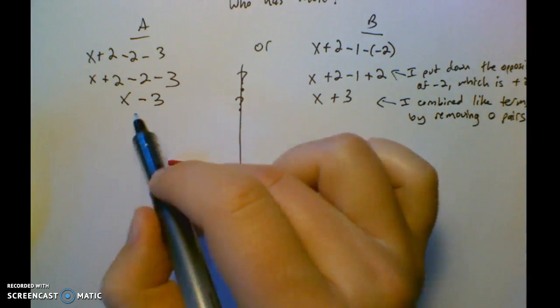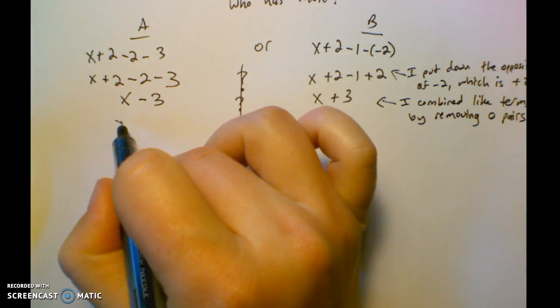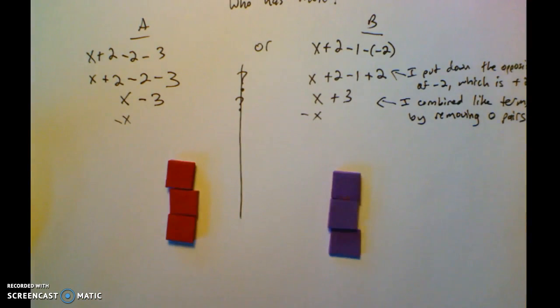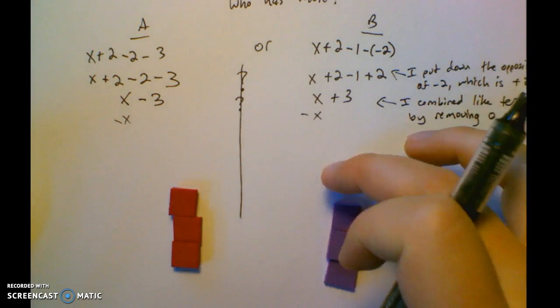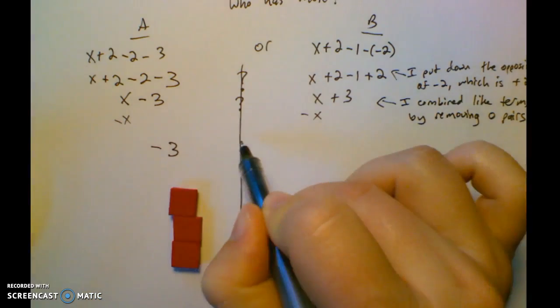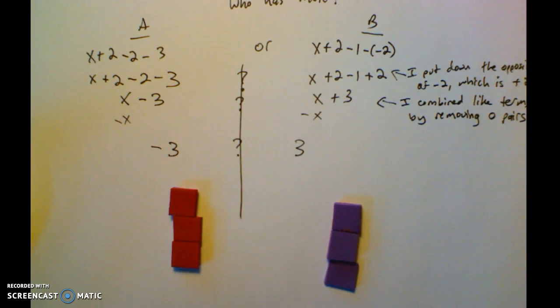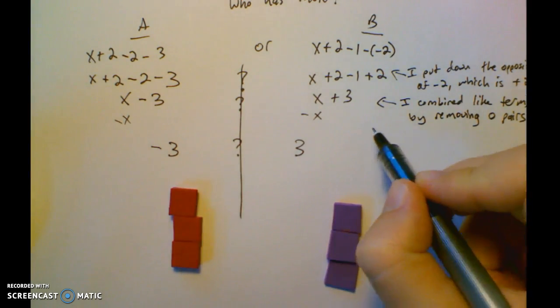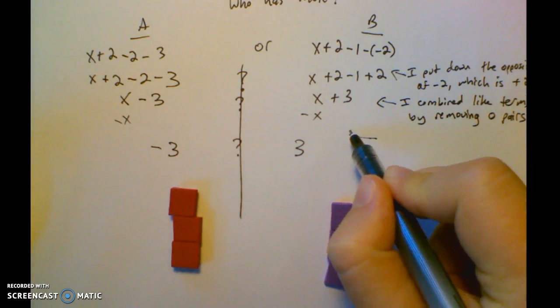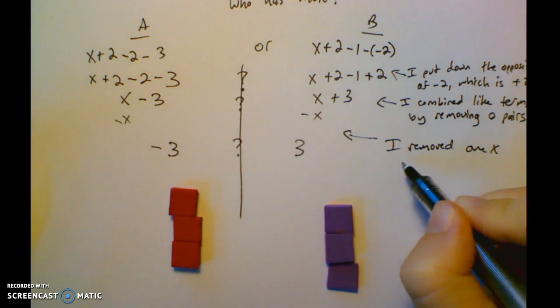I'm just showing that I took off an x on both sides, leaving me with negative 3 on this side versus positive 3 on that side. Now I can see clearly which one is bigger. Oh, I should say I removed one x on each side.